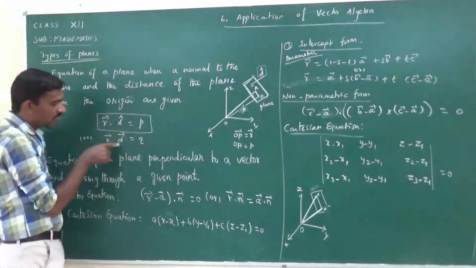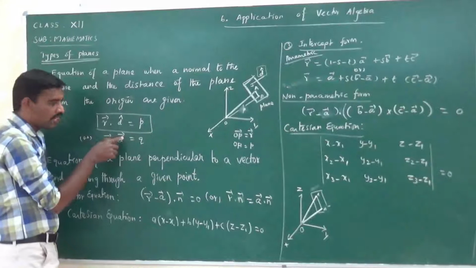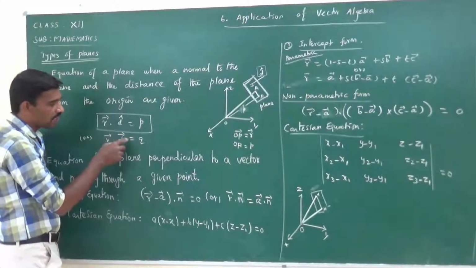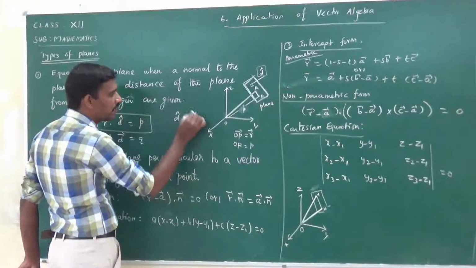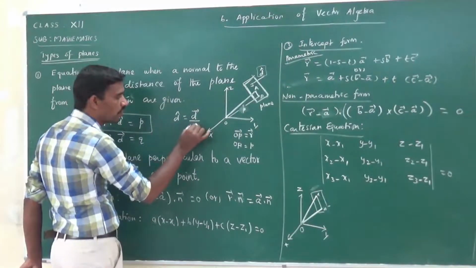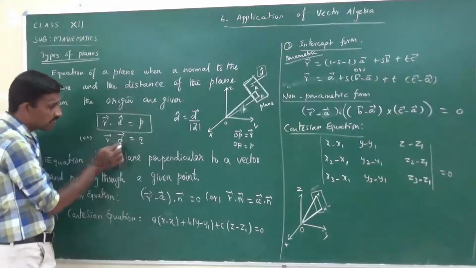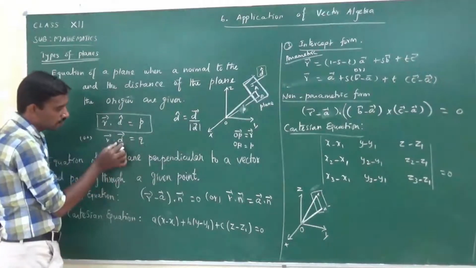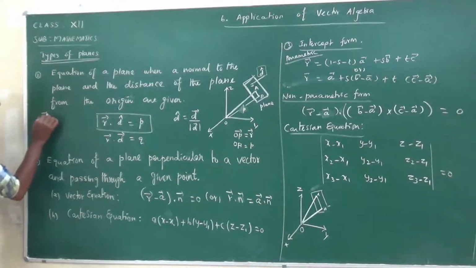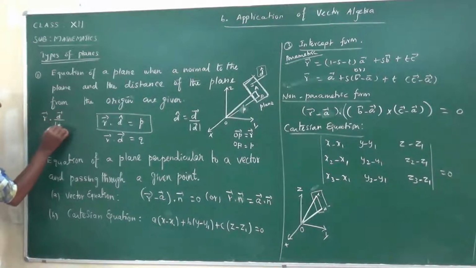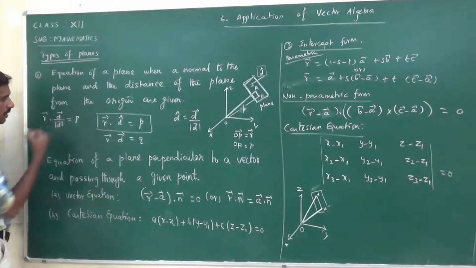Here the d cap we can convert into d vector. So r vector dot d vector is equal to q, where d cap is written as d vector divided by magnitude of d vector. So r vector dot d vector divided by magnitude of d vector is equal to p.